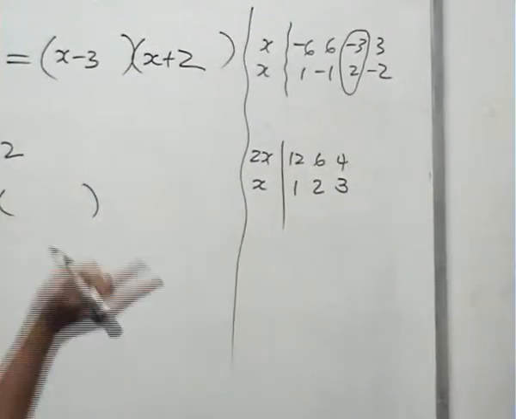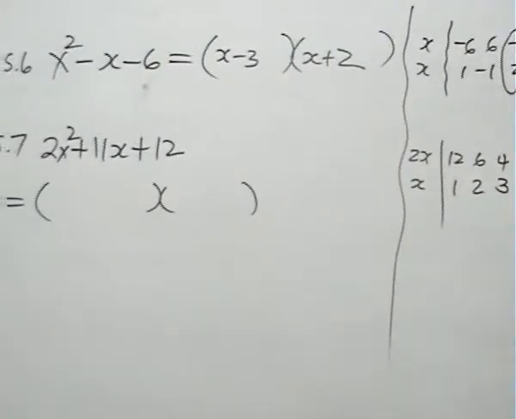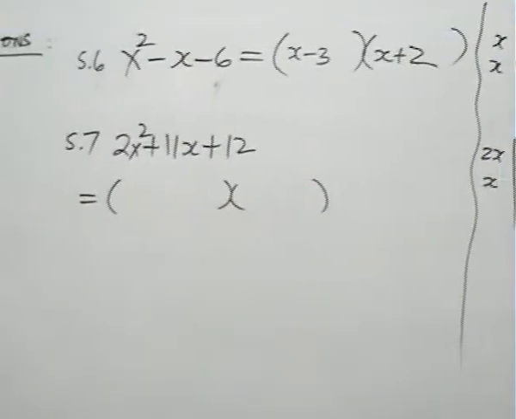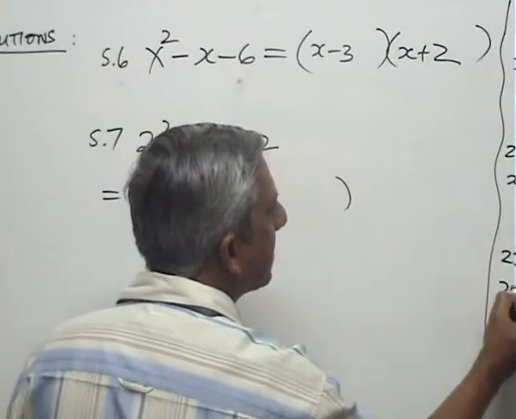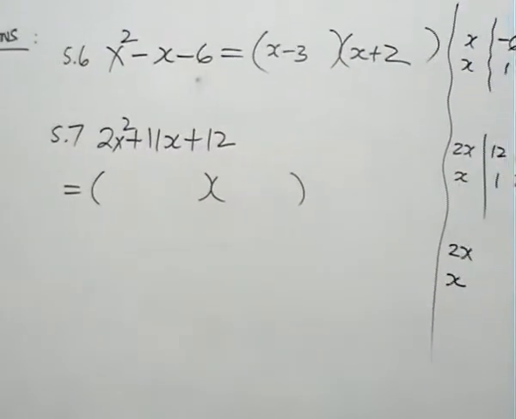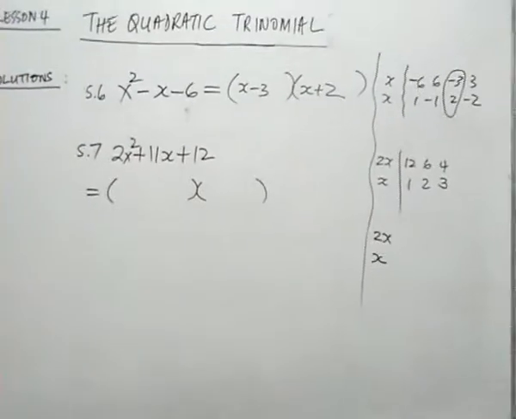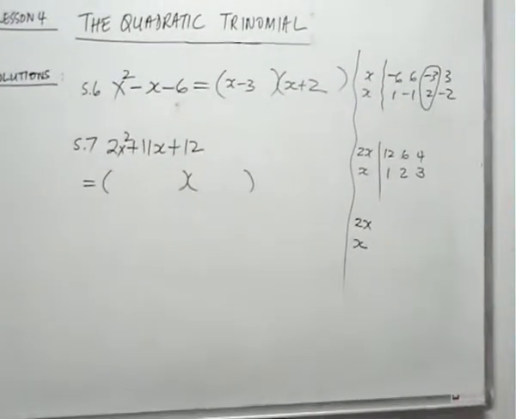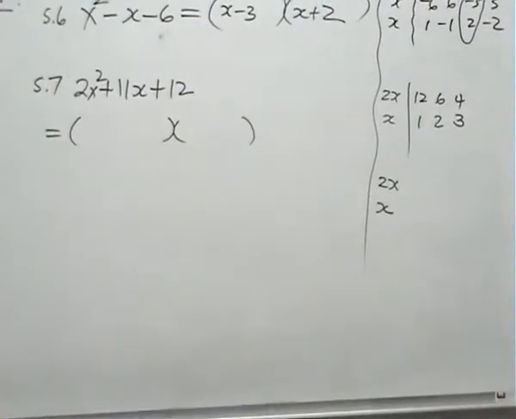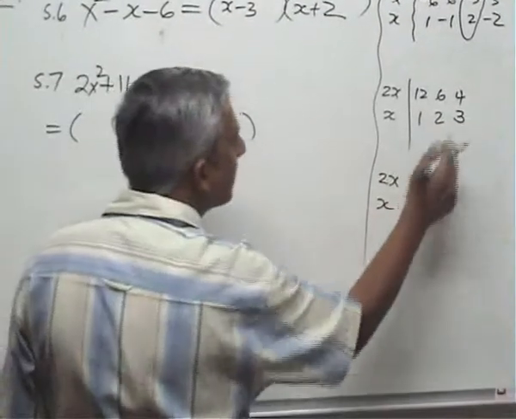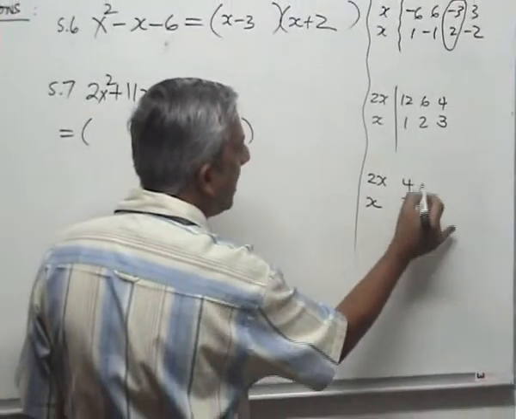Everything is plus here, so I don't have to worry about any minus signs. Now I've got to choose wisely. So there's 2x and there's x. Now in this example, it goes by feeling. You just got to think which one might give us the right answer. So in case we get the feeling that 4 and 3 gives us the right answer, we'll just take 4 and 3 and try it.